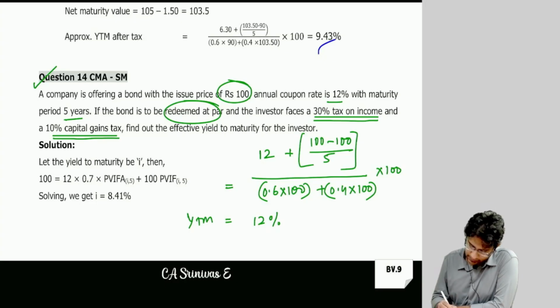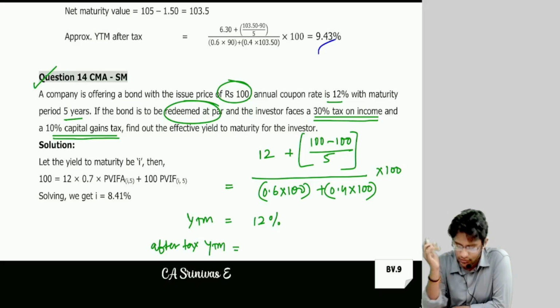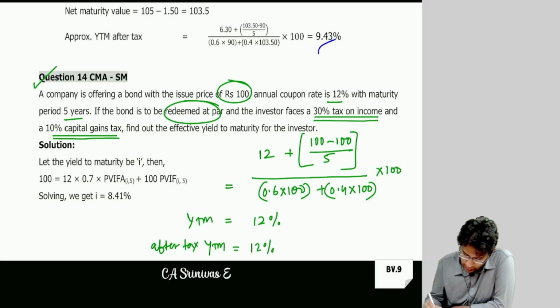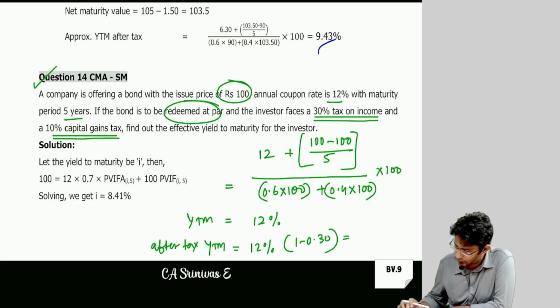But it's before tax. If you want the after-tax YTM, take 12% times (1 minus 0.3), which gives 8.4%.